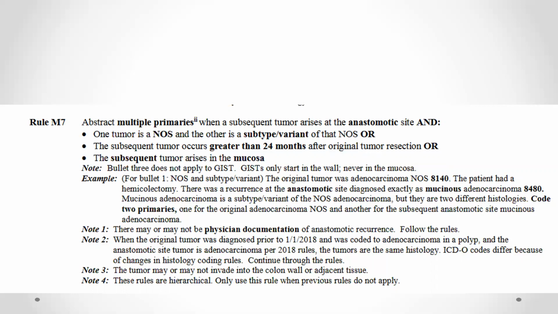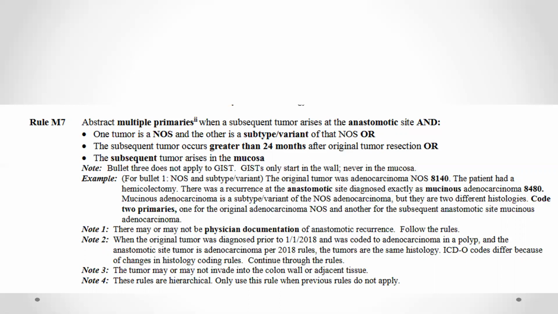M7 relates to the tumor that arises in the anastomotic site. Our tumor arose greater than 24 months after the initial tumor, so it is a multiple primary. So rule M7 says abstract multiple primaries when a subsequent tumor arises at the anastomotic site and the subsequent tumor occurs greater than 24 months after the original tumor resection.